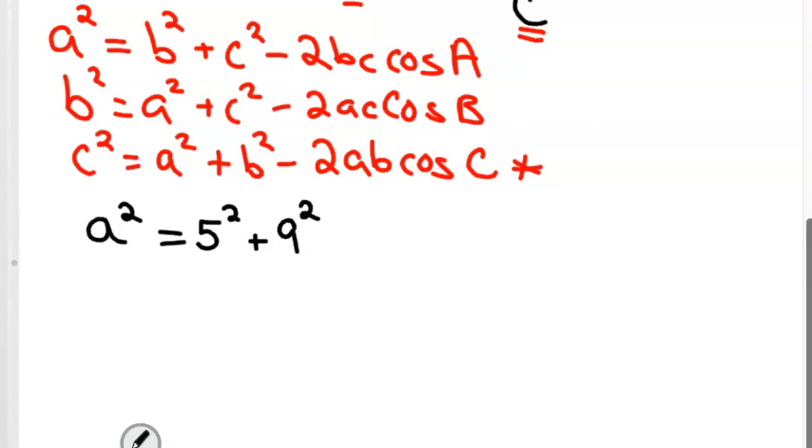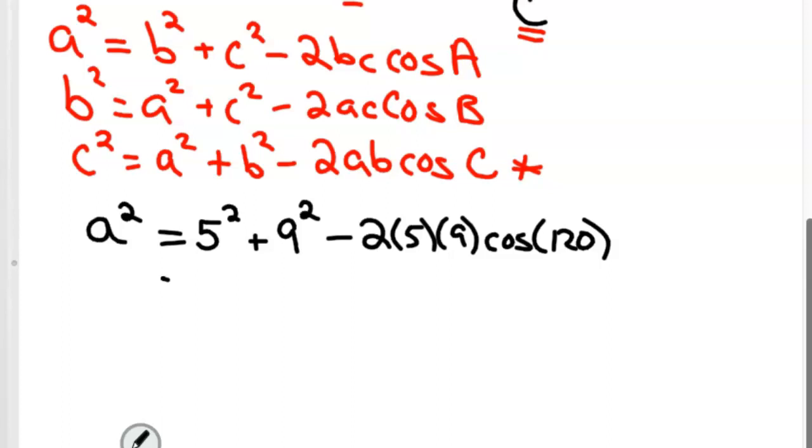They can go in any order, CB or BC, minus 2 times 5 times 9 times the angle that's in the middle of them, which was 120. And so at this point, if you're plugging this into Khan Academy, I would just plug this into a calculator just as it is.